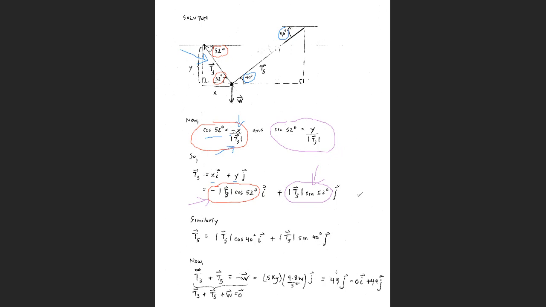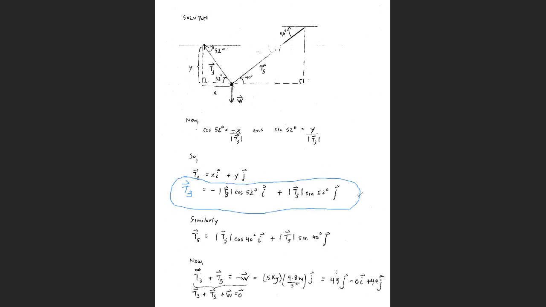We can do the same analysis for the T5 vector. So the T3 tension vector is equal to this expression on the right, and the T5 tension vector is equal to this expression on the right.